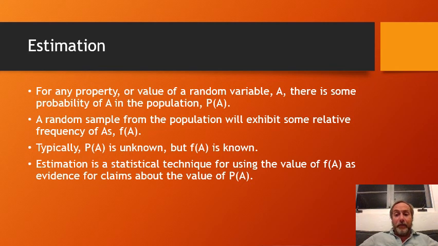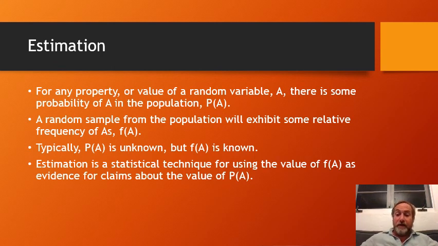Now, a random sample from the population will exhibit a relative frequency of A. We'll call that little f(A). Same thing: from our sample, we notice 55% of the smokers are male. Typically, we don't know P(A), that's what we'd like to know, but we can know f(A).